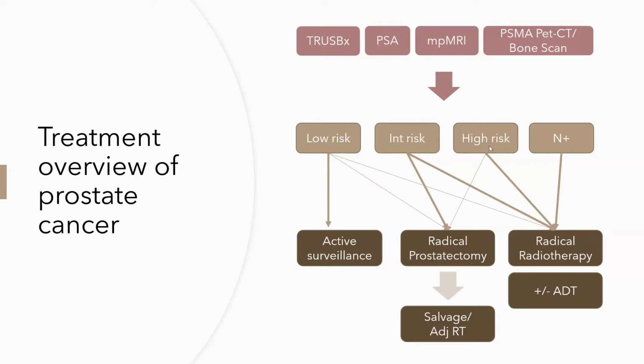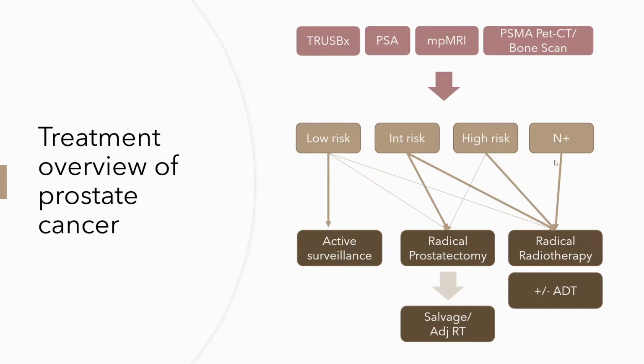For high-risk prostate cancer, which is either a T3 or T4 disease or Gleason score of 8 to 10 or PSA of more than 20, I would say that the preferred approach would be radical radiotherapy with androgen deprivation therapy. But more and more, with the availability of more sophisticated surgical techniques, robot-assisted radical prostatectomy is also one of the options.